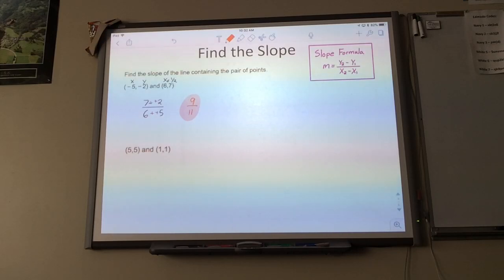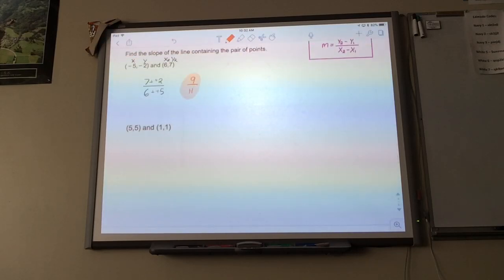Okay, on the bottom one, y2 minus y1: y2 is 1 minus y1 is 5, over x2 minus x1. So that's -4 over -4, which simplifies to a slope of 1.